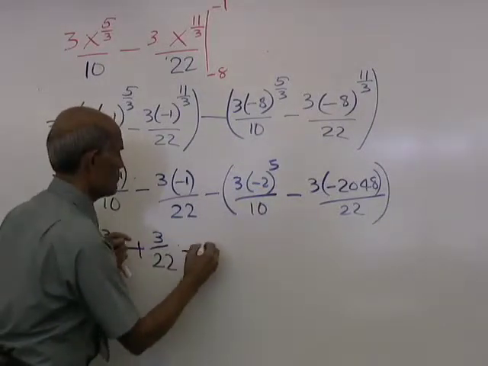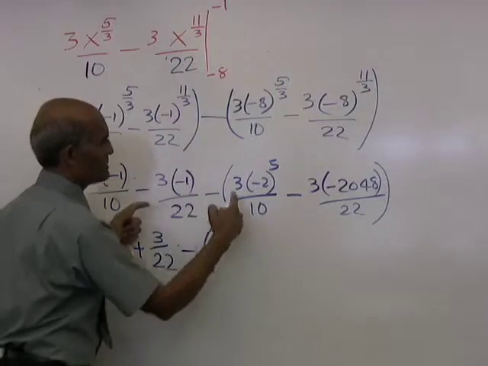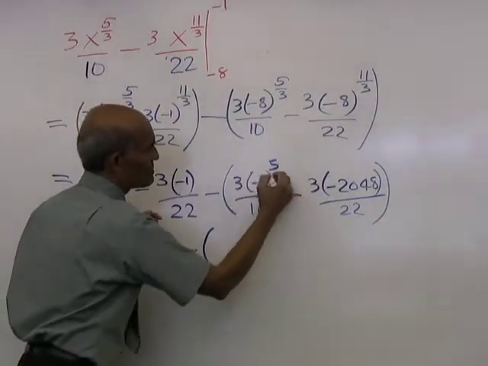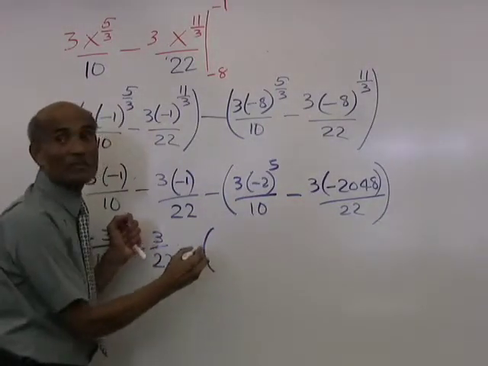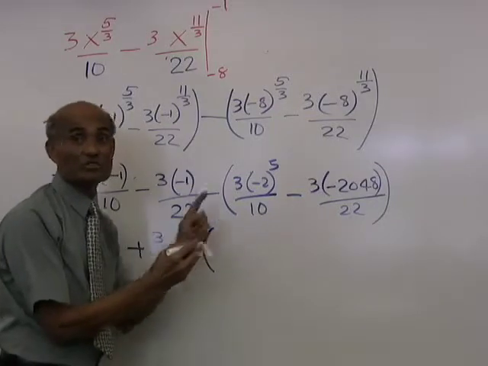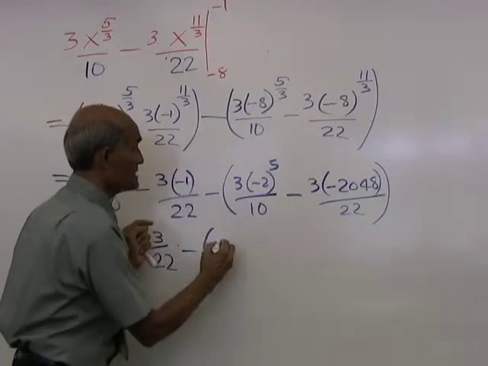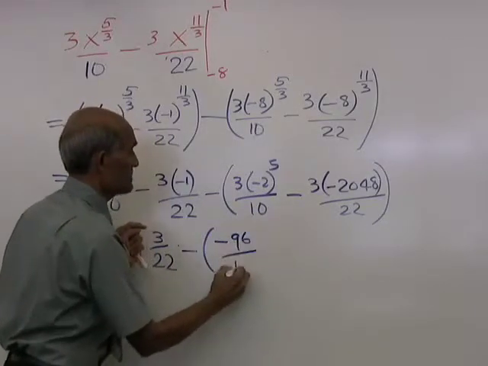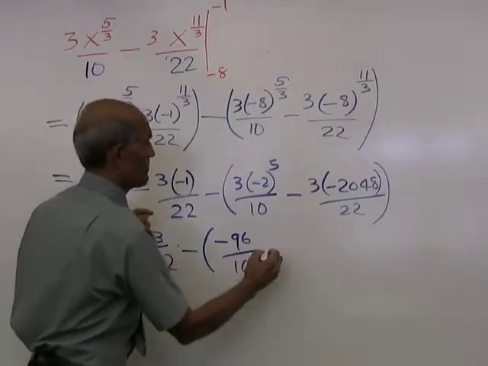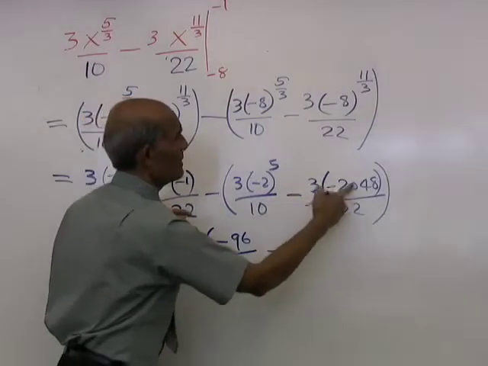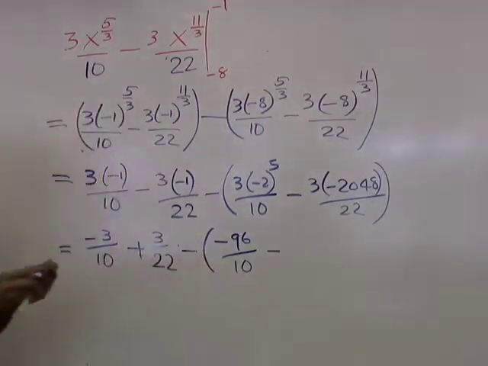Or let's do it one more time. Minus 3 times negative 2 raised to the power of 5 is negative 32. And negative 32 times 3 is negative 96 divided by 10 minus, what is 3 times 20?